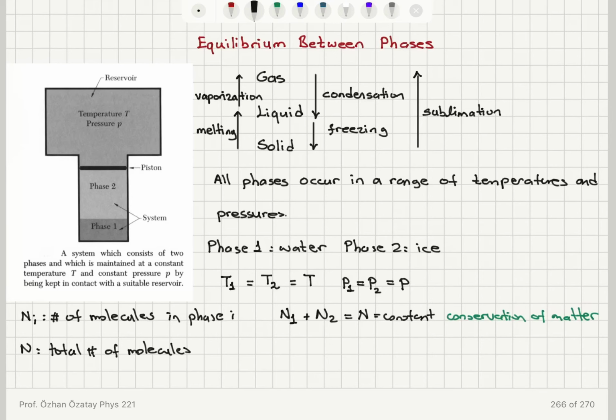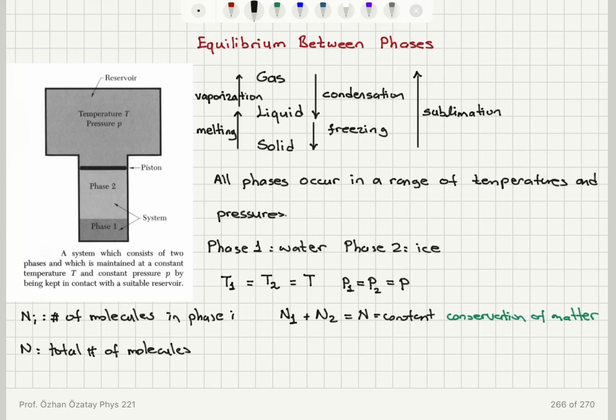The total number of molecules N1 plus N2 is capital N, it's a constant. When I say the total entropy is maximized, it's the entropy of the system plus the reservoir, so it's the overall entropy of the isolated system.